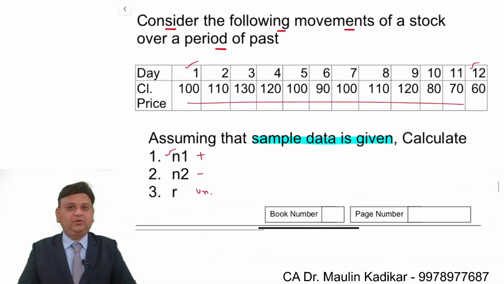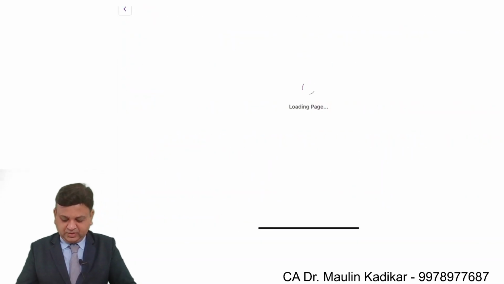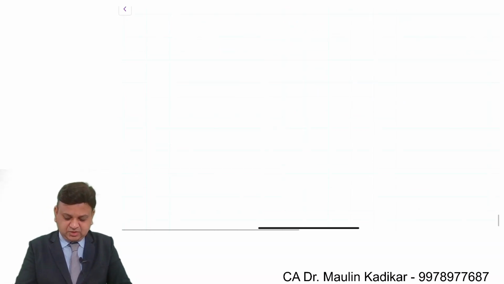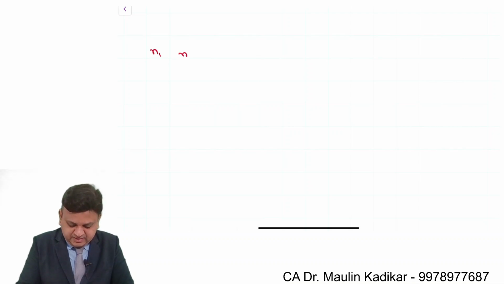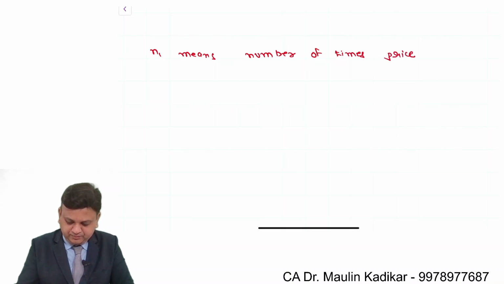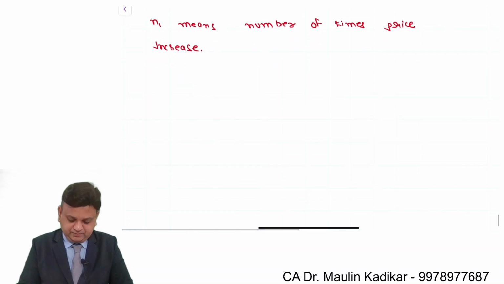How to answer, that we are going to understand in this very simple and basic example. So I request all of you to write down the answer along with me. Write down the answer. N1 means number of times price increases.